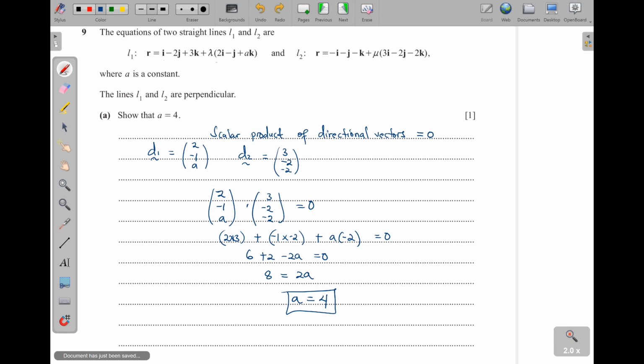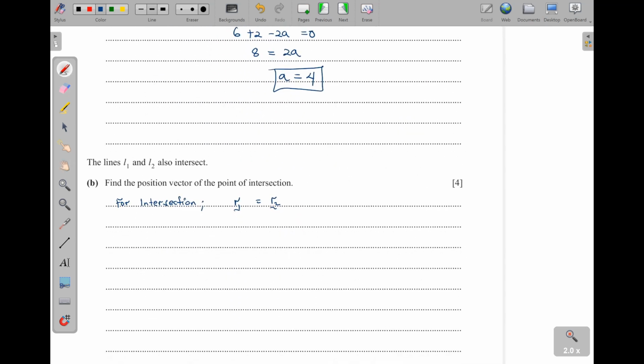It is going to be 1 here, then plus 2i, so 1 plus 2 lambda. Then here we have negative 2, and then here there is minus lambda. And then the z will be the 3 from the k, and then lambda here times the a. So a lambda. That's what I'm going to write down here. So I will have 1 plus 2 lambda, then negative 2 minus lambda, and then 3 plus 4 lambda.